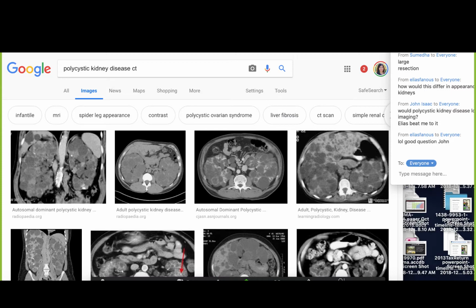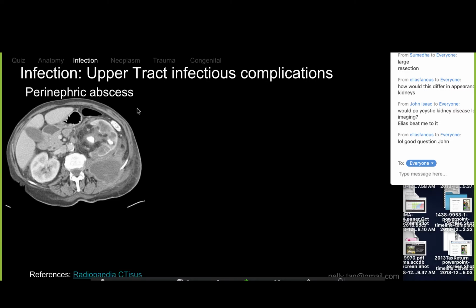This is in contrast to XGP, where we don't see cysts. Instead of cysts, what you have is infection of the medulla, which makes it hypoenhancing because you have pus and bacteria and whatnot that's infiltrating the normal parenchyma. And then typically we have stones and tons of stranding because of the inflammatory reaction to the underlying infection.